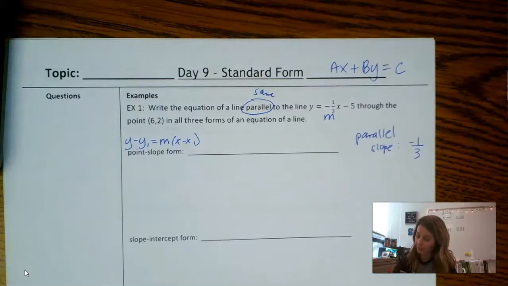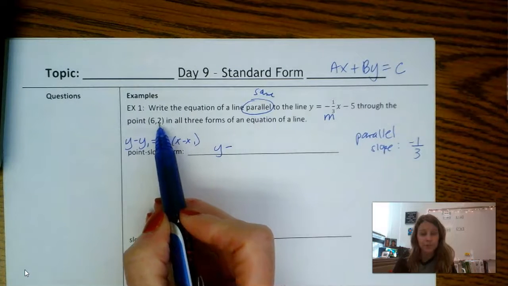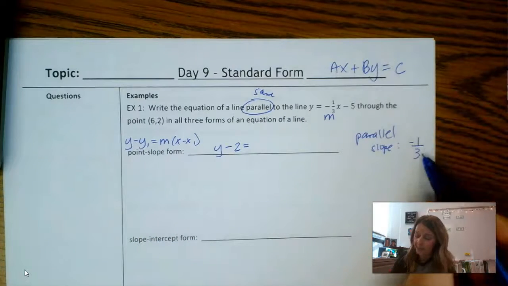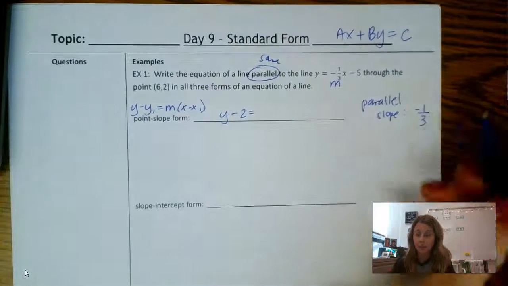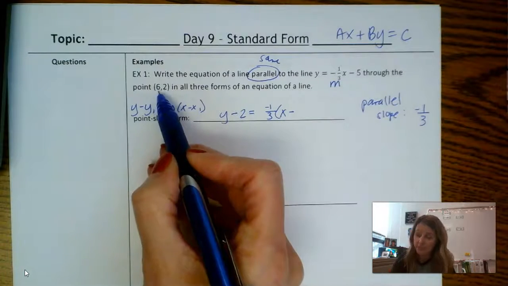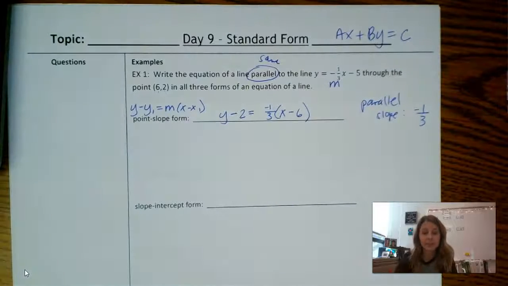Let's plug in. y minus y1 is 2, this is x and this is y, equals m, and I need a negative 1/3, times x minus x1 is 6. There is my point slope.